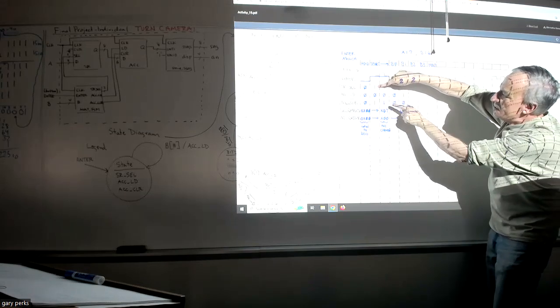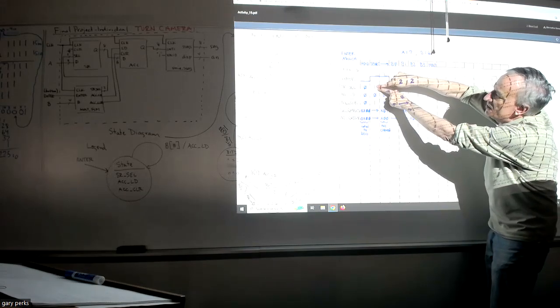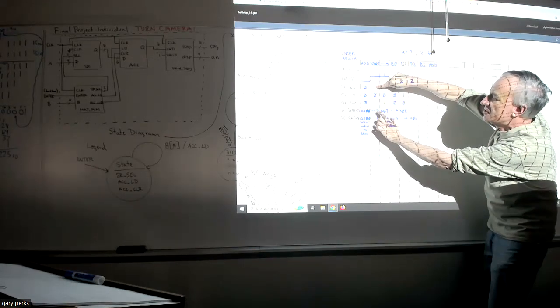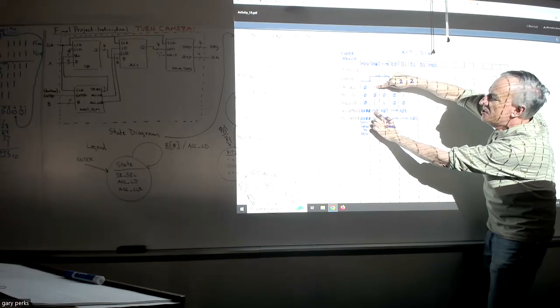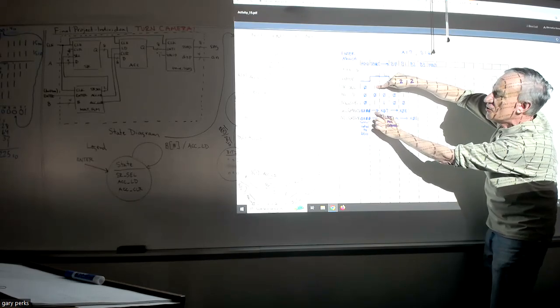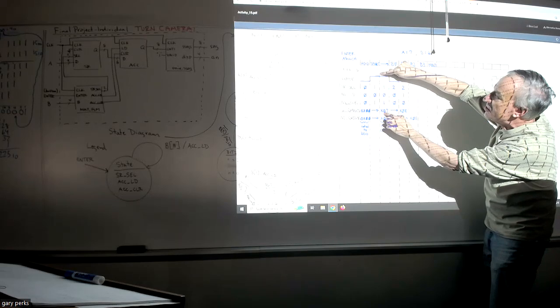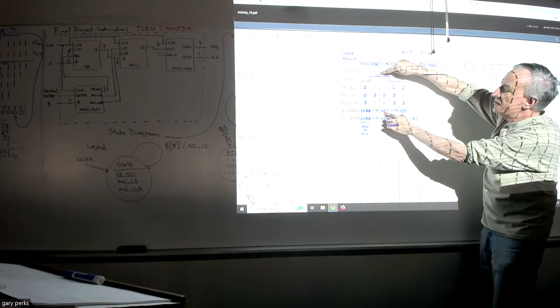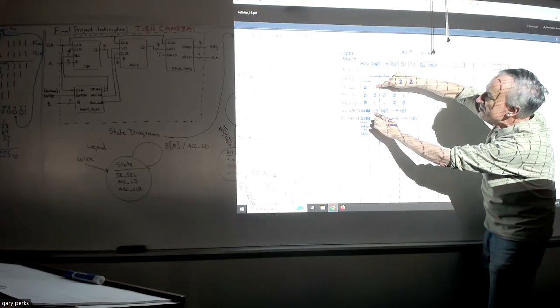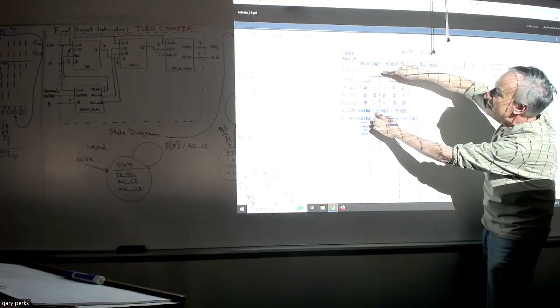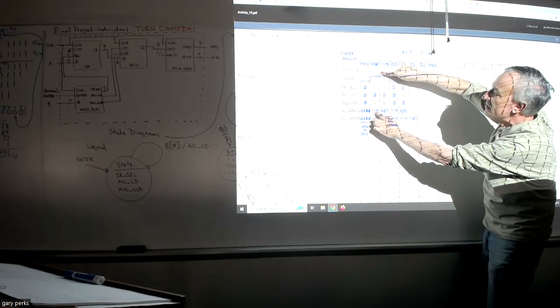So this is the synchronous part of what I'm talking about, because even though SR select went to a 1 at this time, the output of the shift register doesn't change from a 0 to a 7. It doesn't go from that initial value of 0 to the new value of 7 until this clock edge comes along. So right here, even though SR select is a 1, SR contents is still 0 until this 0 to 1 transition of the clock.